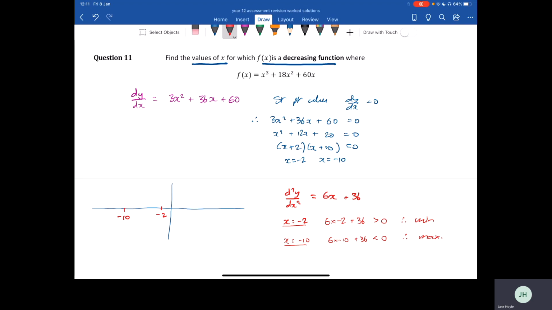But again, because it doesn't say I need to find d2y by dx squared, and because we know what cubics do, that's a positive cubic. So actually, armed with just where the turning points happen, you should be able to sketch it.